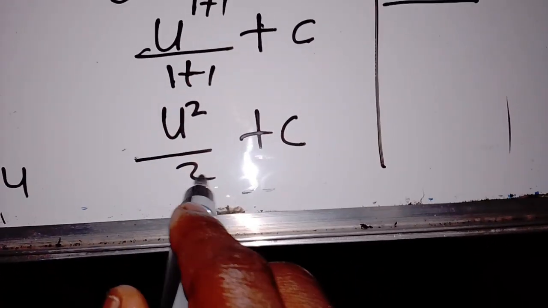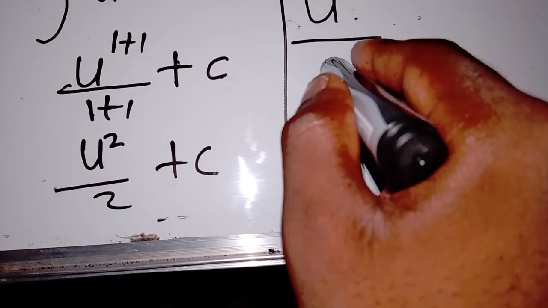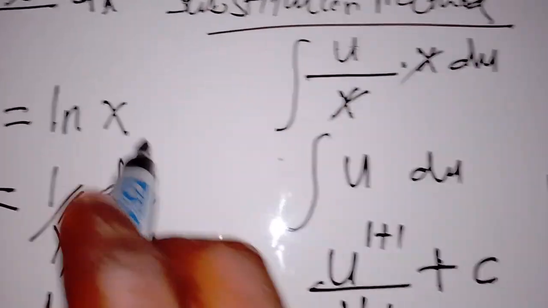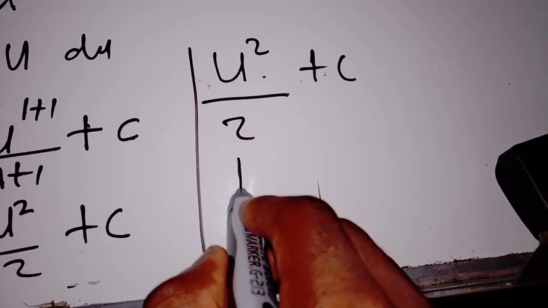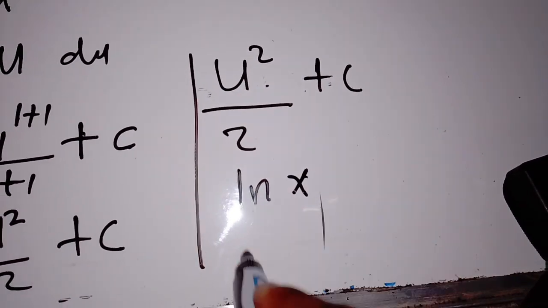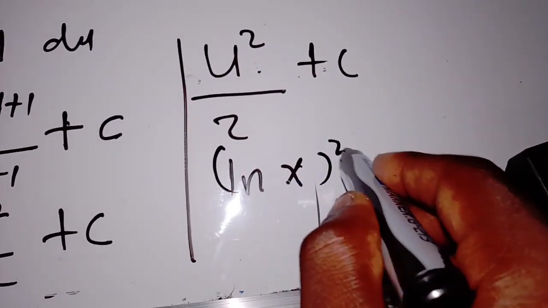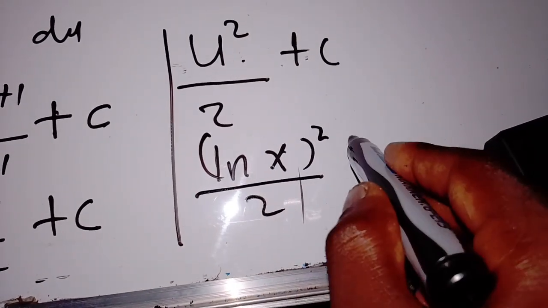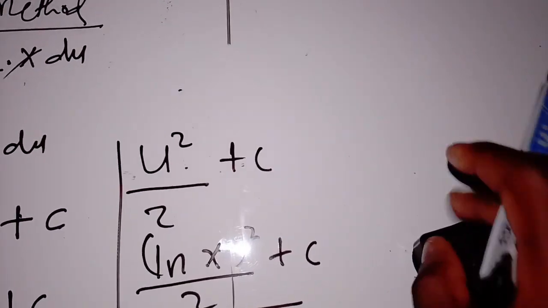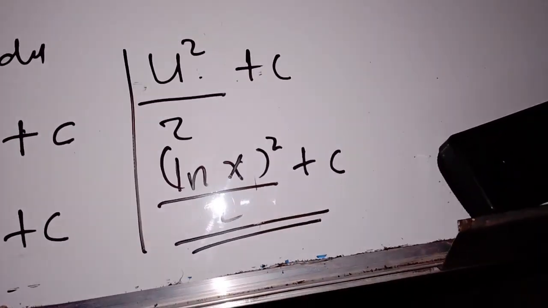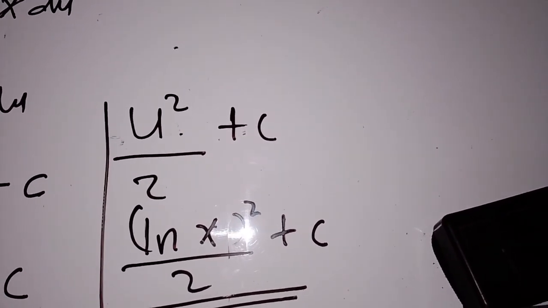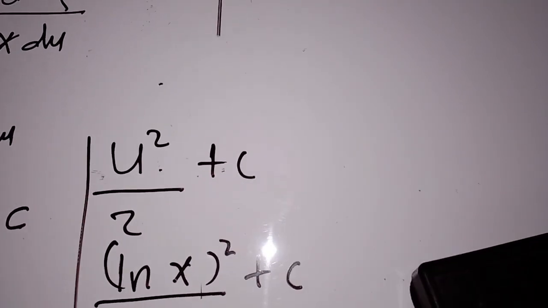What is our u? ln x, and it is squared. So (ln x) squared over 2 plus c. This is what we are having. That's how you approach this one.